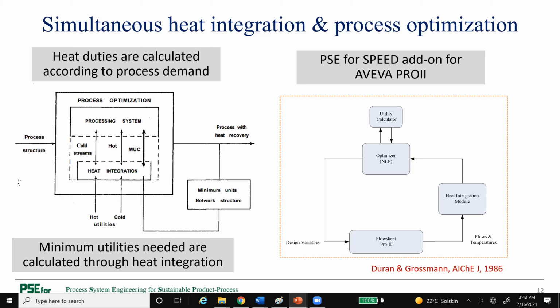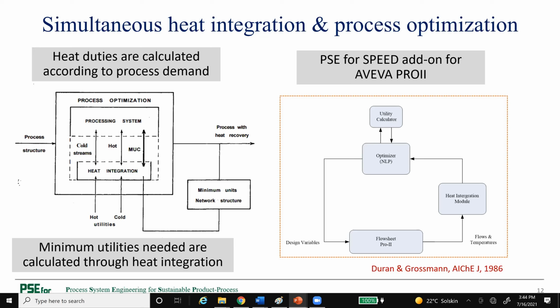So the calculation of the heat integration module is put as a utility calculator into the process simulator. When the process simulator is calculating the objective function, it actually goes to the utility calculator to calculate the minimum utilities required. And then based on that, the optimizer tells what the new design variables are.